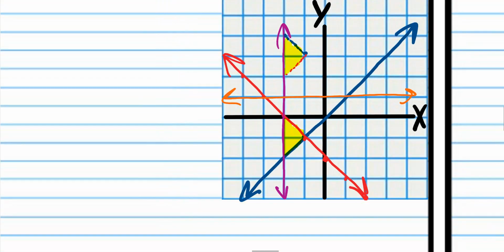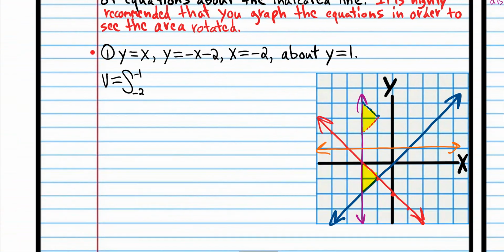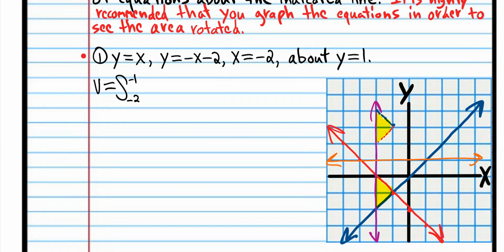So you have to change the sign of that green length. So it's going to be 1 minus x.